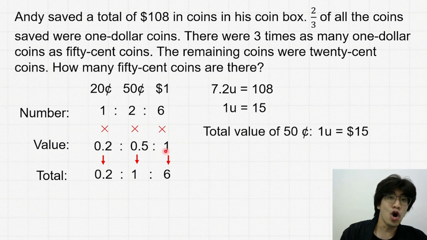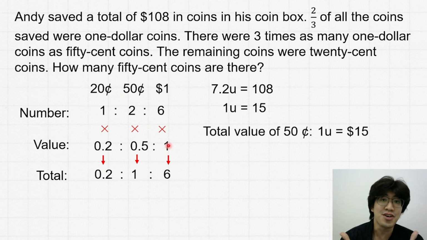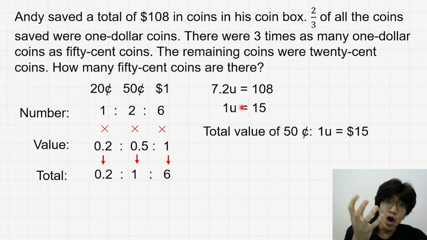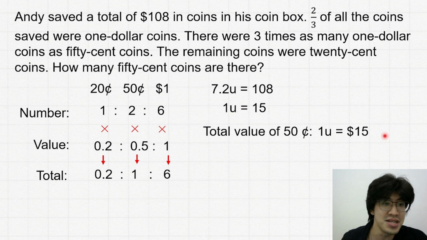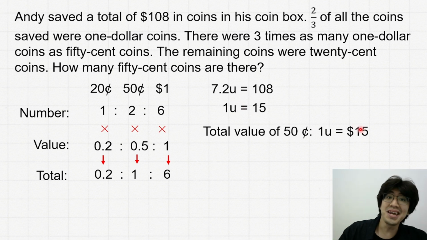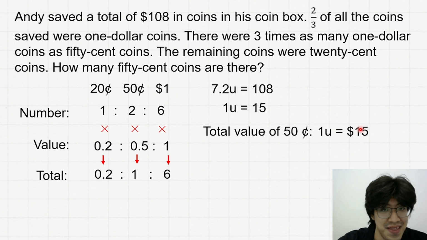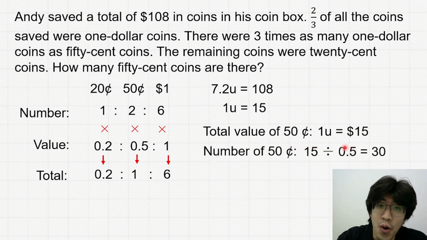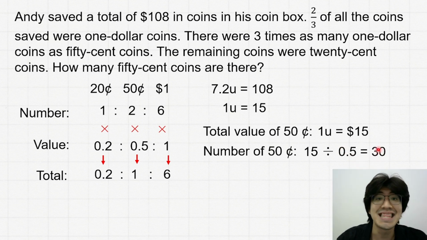So the total value of all the 50-cent coins add up together to 1 unit, and it's $15 that we calculated here. So if the total value of the 50-cent coins is $15, how can I figure out how many 50-cent coins there are, the number? Well, I'll simply take 15 divided by 0.5, which is the value, to get 30.